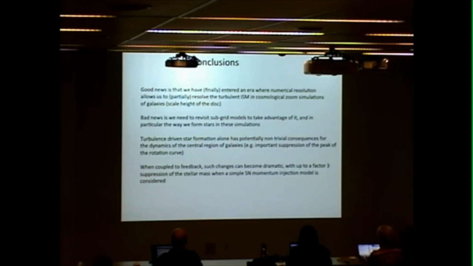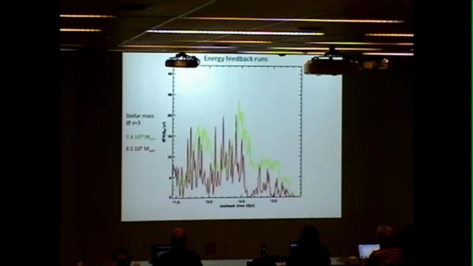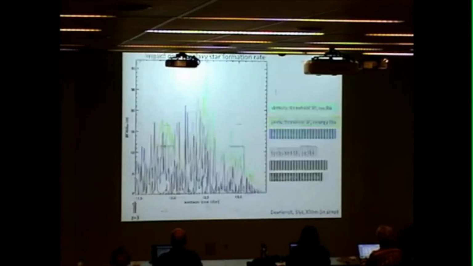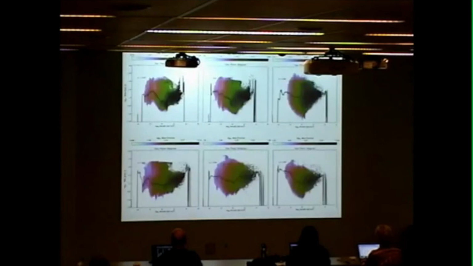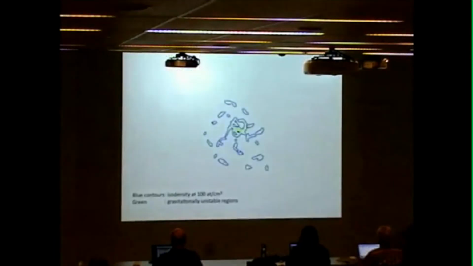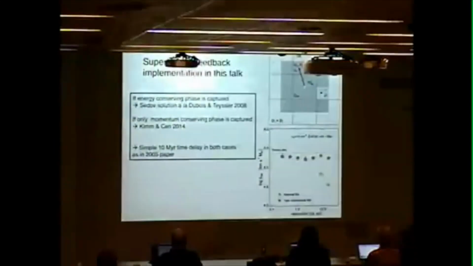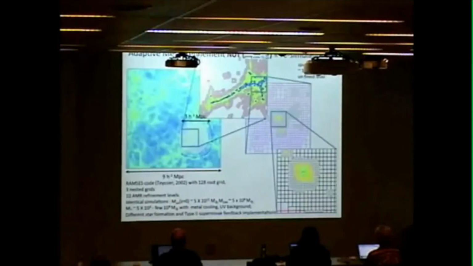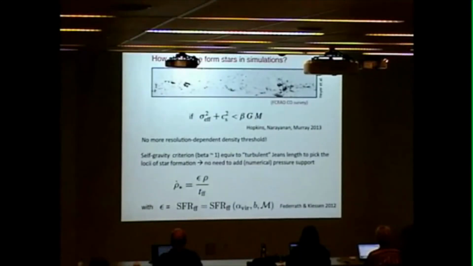You probably said this and I missed it, but in the run through the turbulent model, when you form stars, do you do so at 100% efficiency? Well, no. That's what Phil does in his recipe. He takes epsilon equal to 1. What we do is more complicated than that. We use the efficiency that's predicted by Federrath and Klessen.